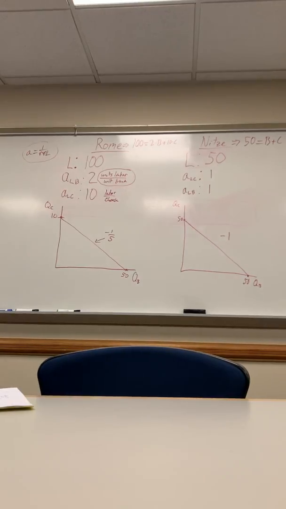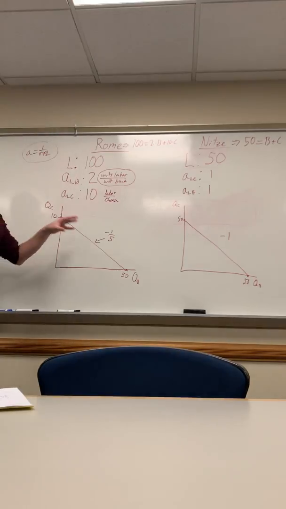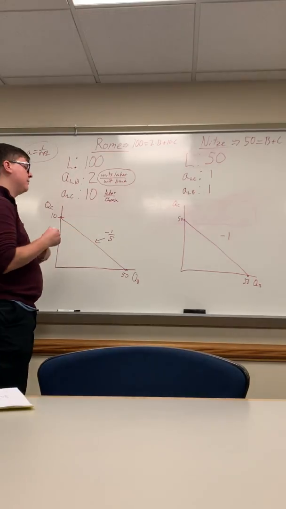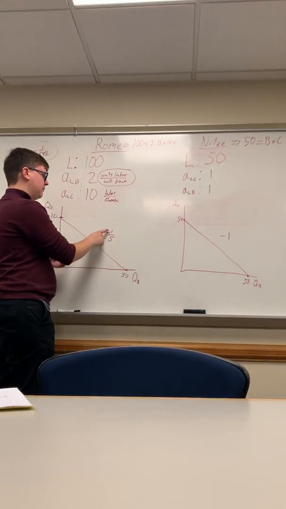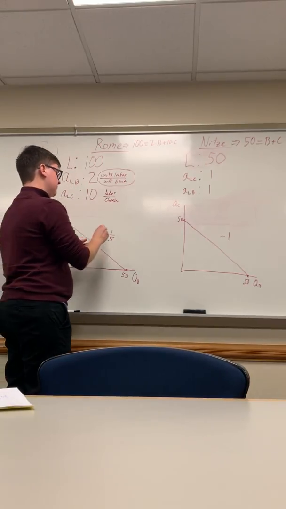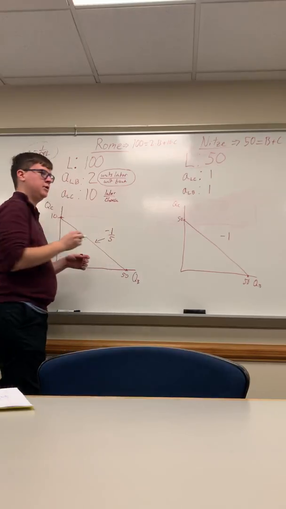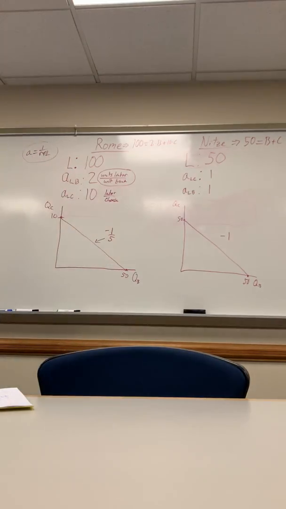What is this slope? Technically the slope is a negative number, but as soon as we start talking about it, you can just ignore the negative sign. It's not super important for our purposes here. So what does this slope tell us? This is the key.